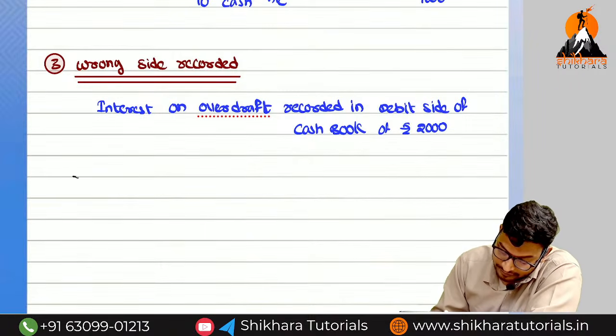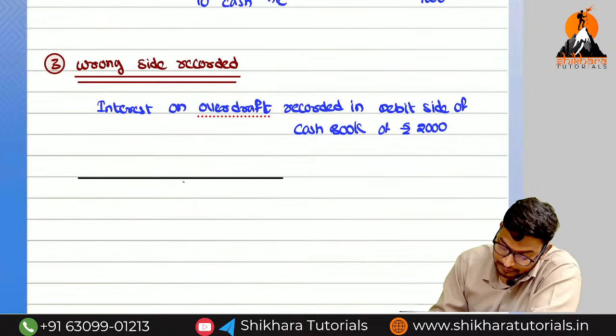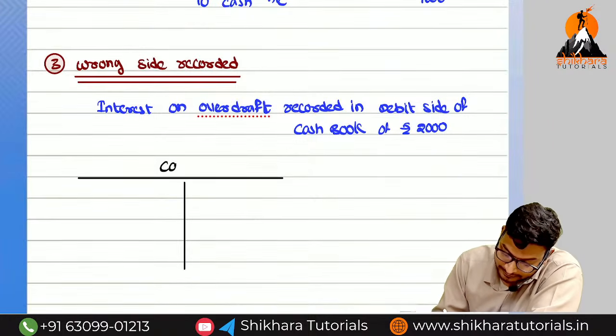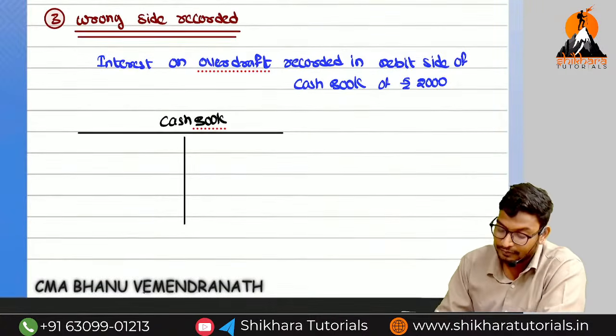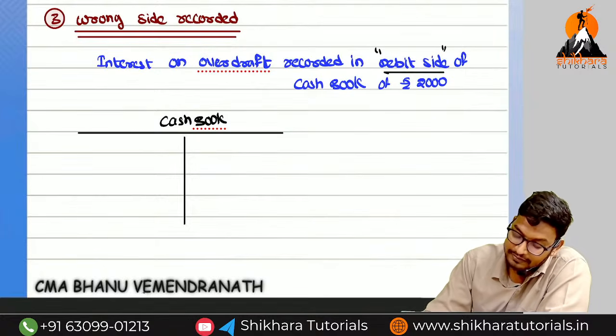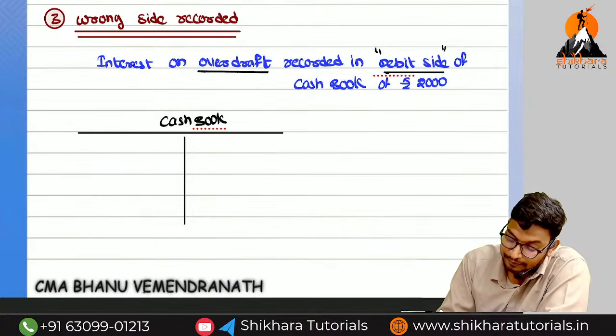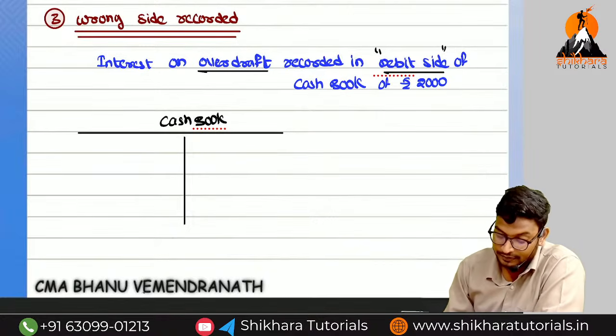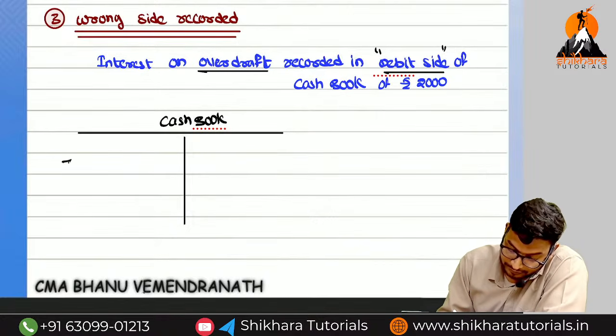So in the wrong situation, in the cash book, instead of recording on the credit side, imagine this is a cash book. They have recorded on the debit side. But normally which side do they need to record? Credit side, because overdraft means payment. Are you getting the point? So what they have recorded is to interest on OD.